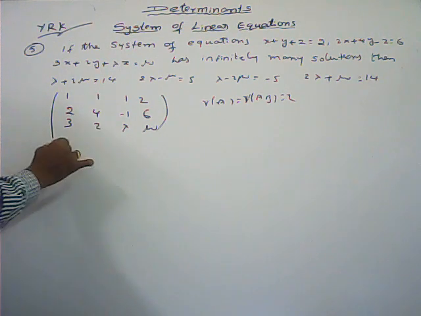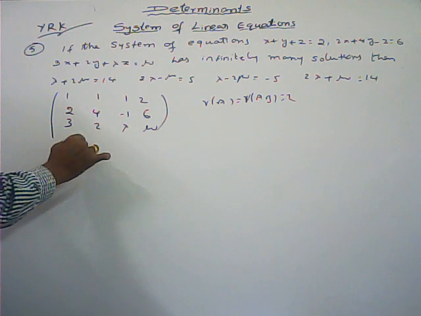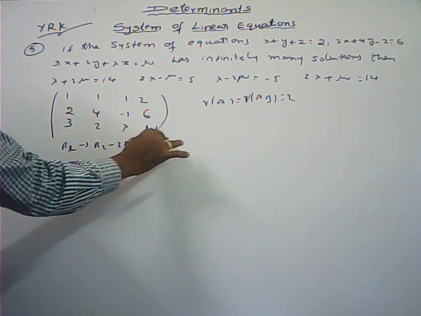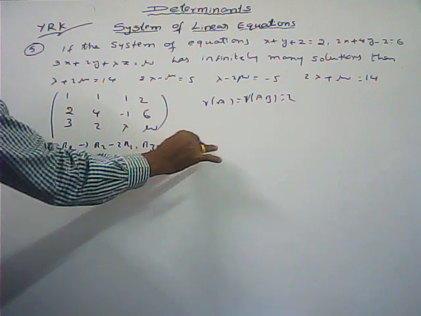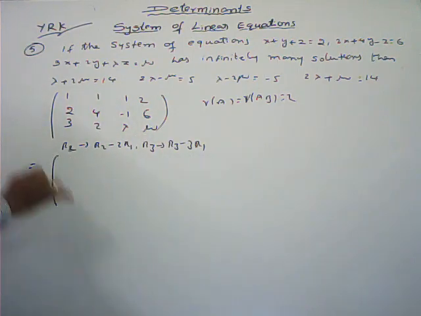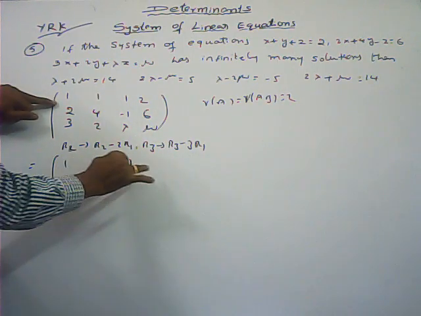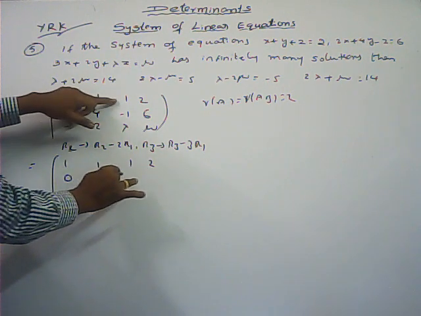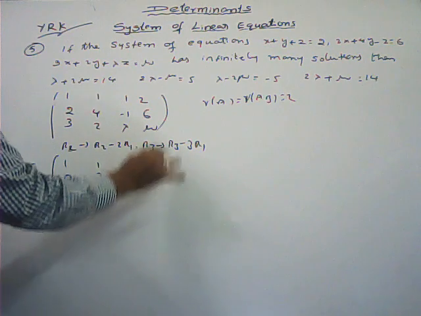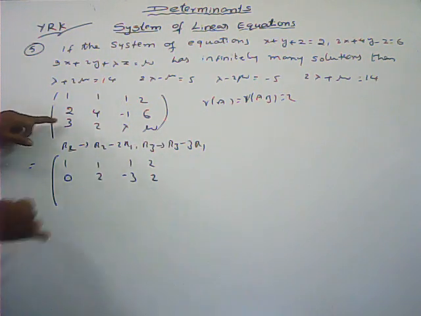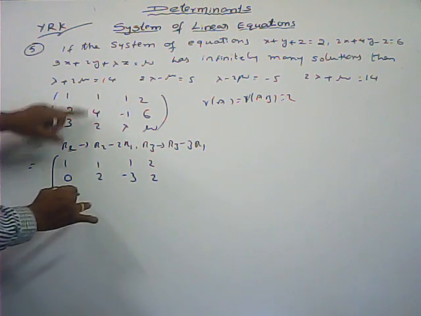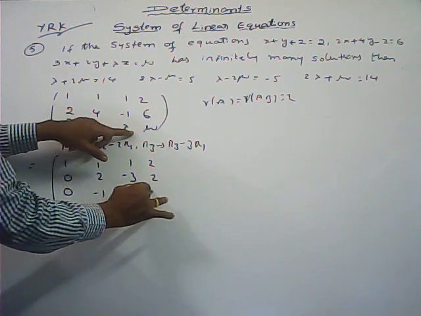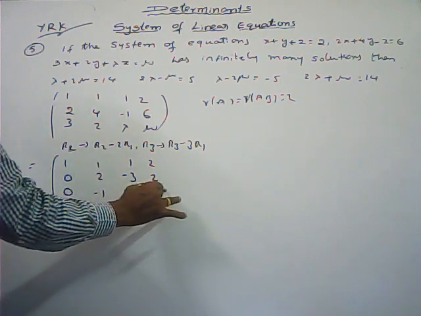Now R2 tends to R2 minus 2R1, R3 tends to R3 minus 3R1. 1, 1, 1, 2. 2 minus 2, 4 minus 2, 2, minus 1 minus 2, minus 3, 6 minus 4, 2. 3 minus 3, 0. 2 minus 3, minus 1, lambda minus 3, mu minus 6.